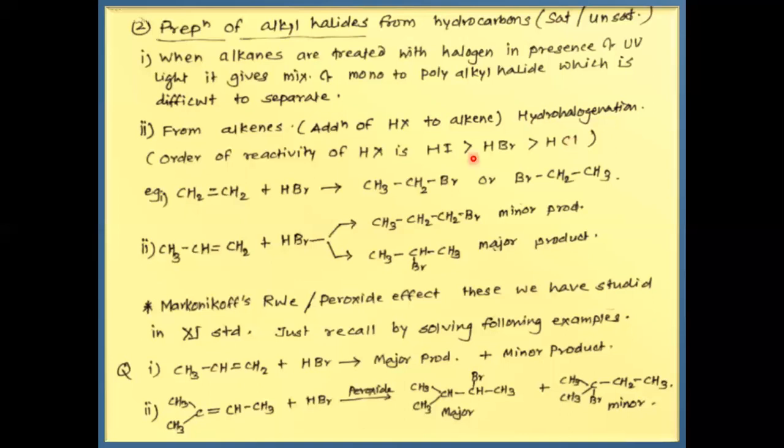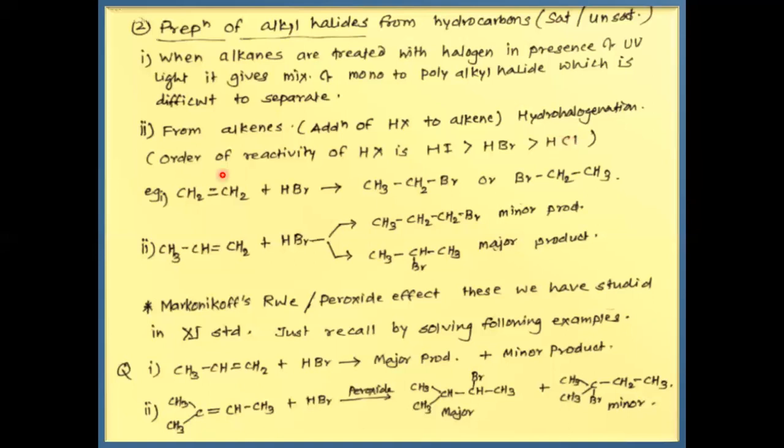The more the size of the atom, the greater the bond length, and the longer the bond, the weaker it is, and it is more reactive. Here the attraction between hydrogen and chlorine, because of the smaller size of chlorine, gives a shorter bond.